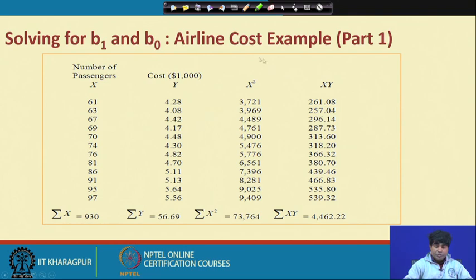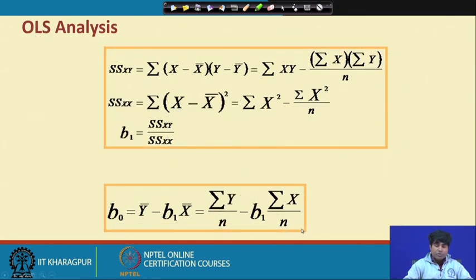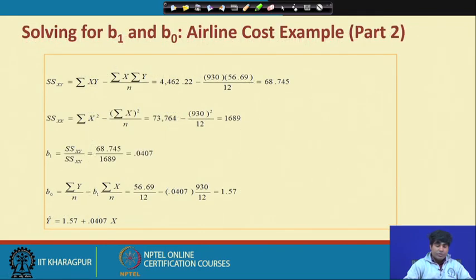On the basis of this, we need the lower part of these values: sum of x, sum of y, sum of x square, sum of xy, and then you go to this structure. Here is the requirement. SSxy, that is covariance of xy, comes out as 68.745.